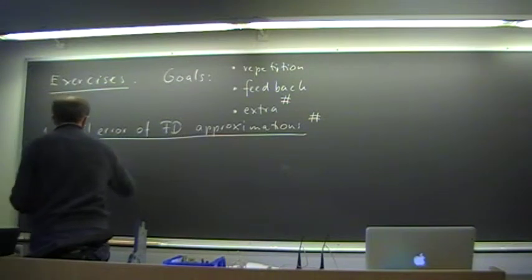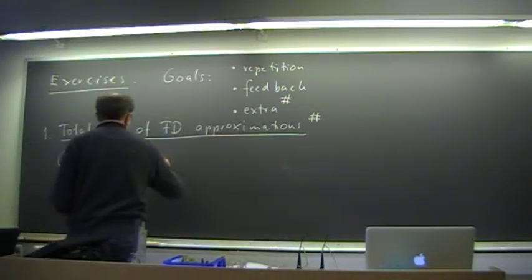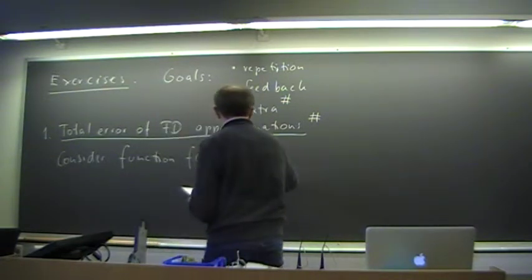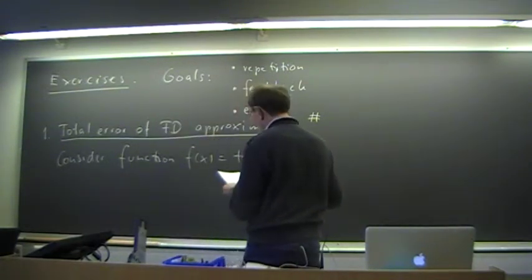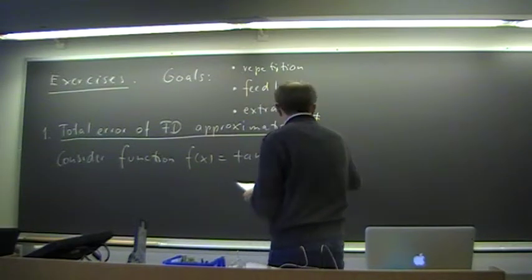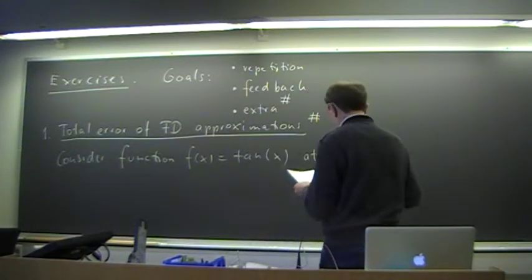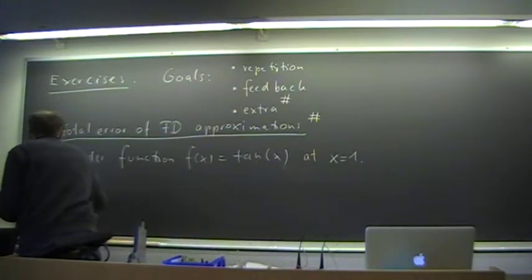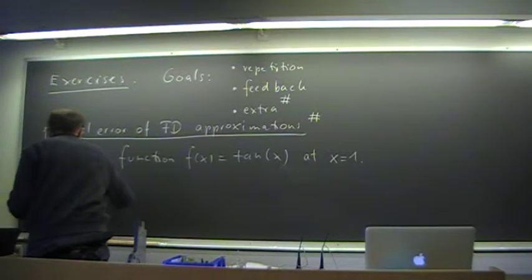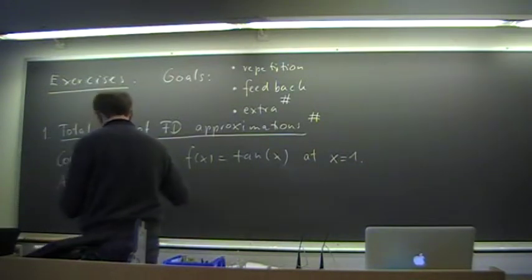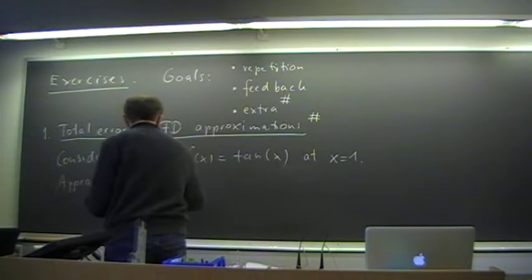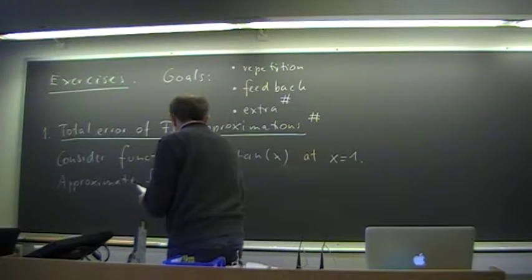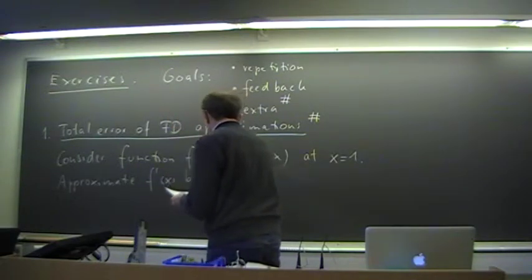Consider the function that we also considered there. f of x is equal to the tangent of x at the point x equal to 1. And we want to approximate the first derivative of f with respect to x by the central finite difference method.